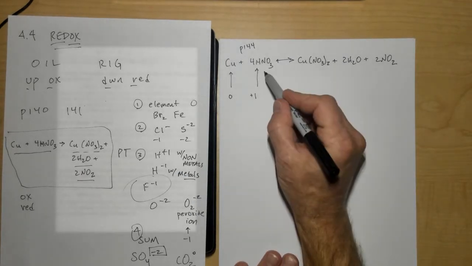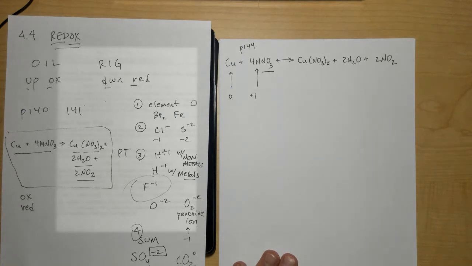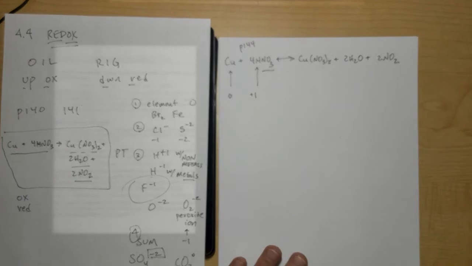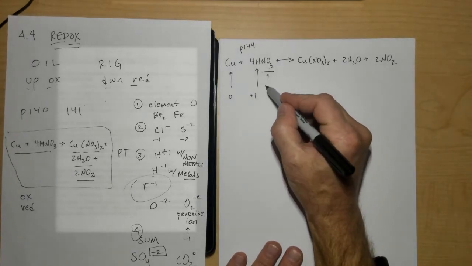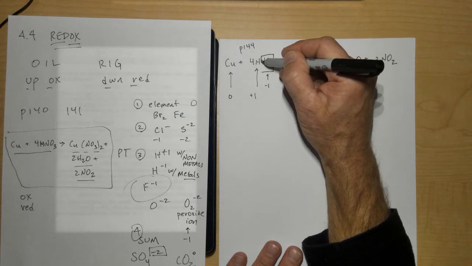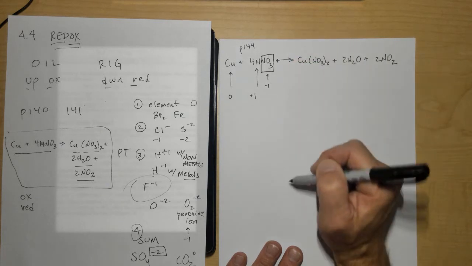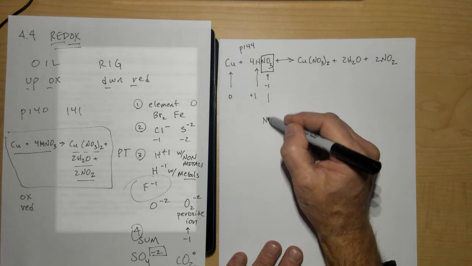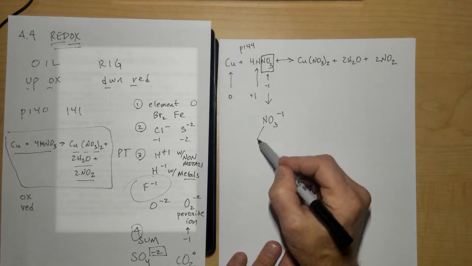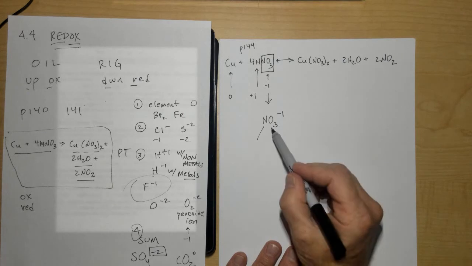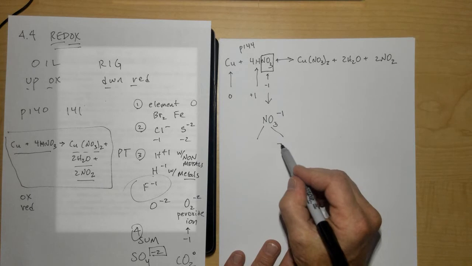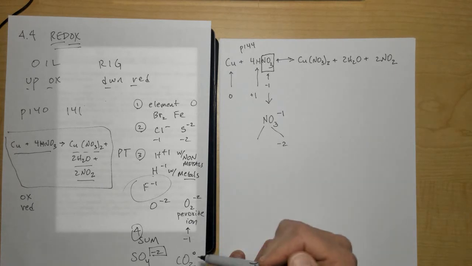Okay? I've seen NO3 before. As a matter of fact, you probably memorized NO3 on this side. And that polyatomic ion is -1 overall. And so this boxed in species right here, this part is -1. I can take and break this up, and I could say, okay, what is nitrogen inside of this? And what is oxygen inside of this? So oxygen I know is -2 almost always, except for in the peroxide ion.